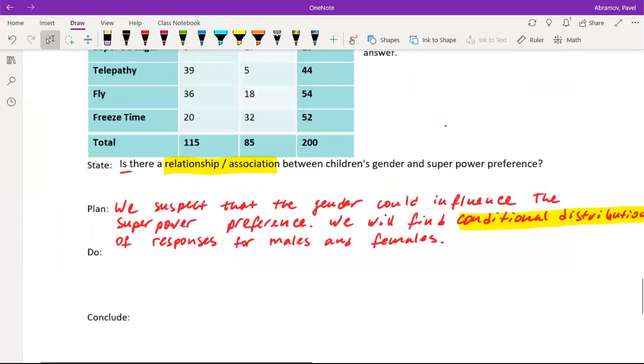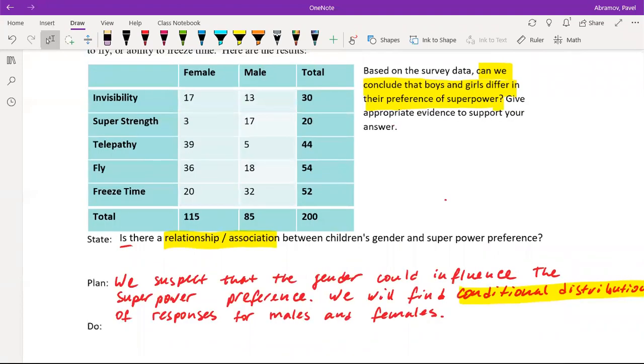So let's look at our table. How do we find conditional distributions? For each gender, we'll divide the number of people that prefer that particular superpower by the total for that gender. So we'll take 17 and divide it by 115, and we'll get a percent there, which is about 15%.